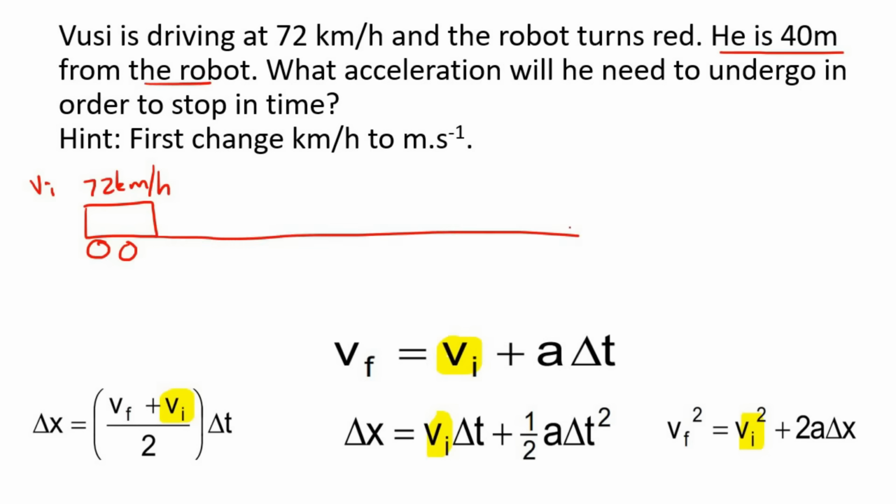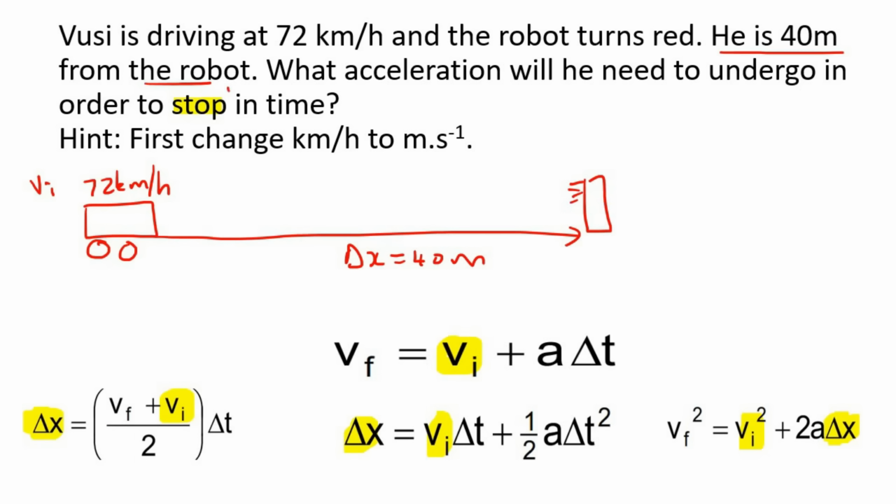So that is how far he is going to drive. That is how far he will go before he gets to the robot, where he has to then stop. Okay? So we have the displacement. It's 40. Displacement and distance is very similar in this section. Okay? And then it says, what acceleration will he need to undergo in order to stop?